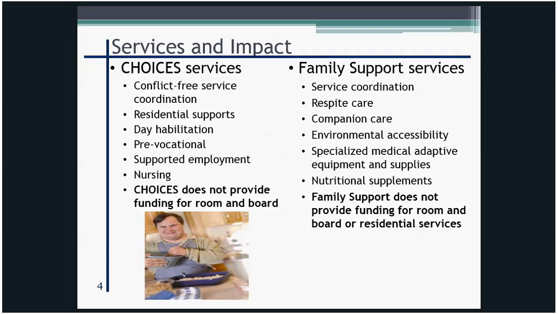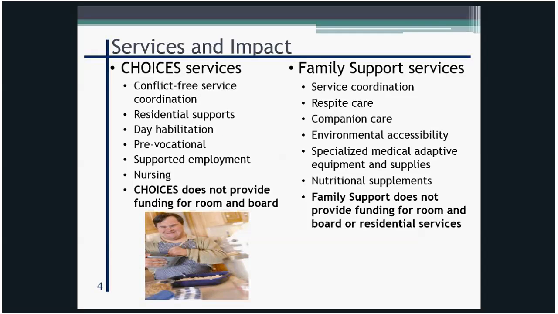The big thing in Choices, you'll notice the first bullet says conflict-free service coordination or conflict-free case management. That was a significant initiative that we undertook at the start of this current fiscal year, where we separated the provision of case management from direct supports.